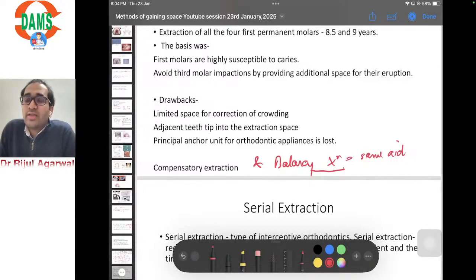To balance it, a similar molar is extracted from the opposite side of the same arch. Compensatory is in the opposite arch, from maxilla and mandible, so as to compensate it and settle the occlusion. So these are the two terms which you should know. What is compensatory and balancing extraction in orthodontics?